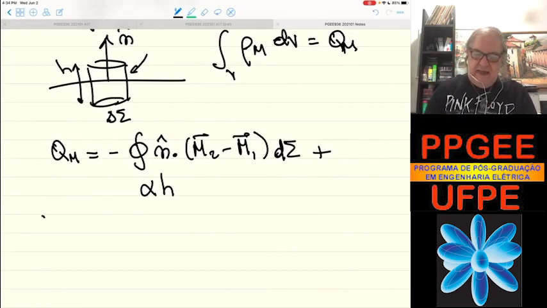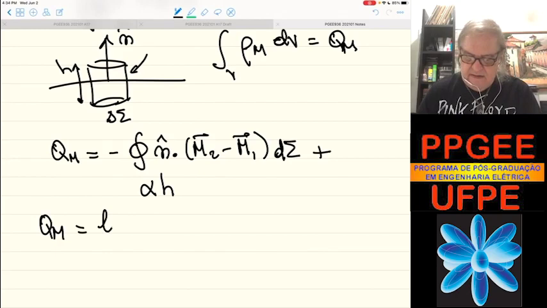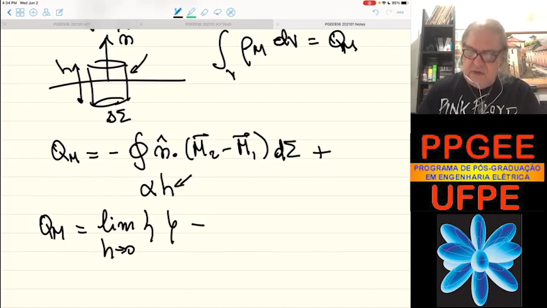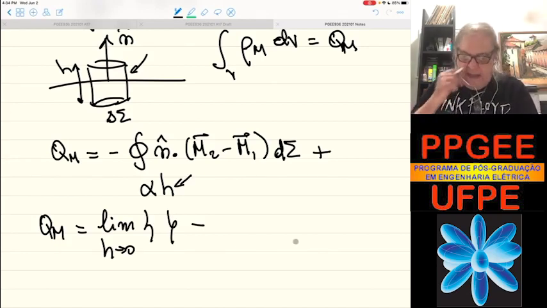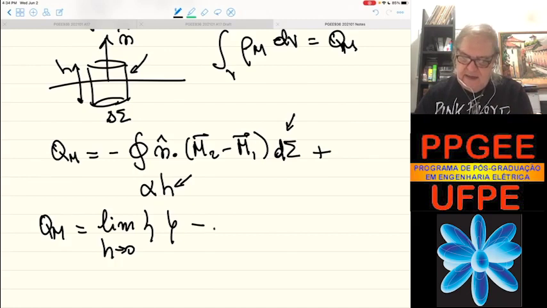Taking the limit, this term is going to go to 0. The delta sigma is so small that simply the product of the quantities is going to be something like this.